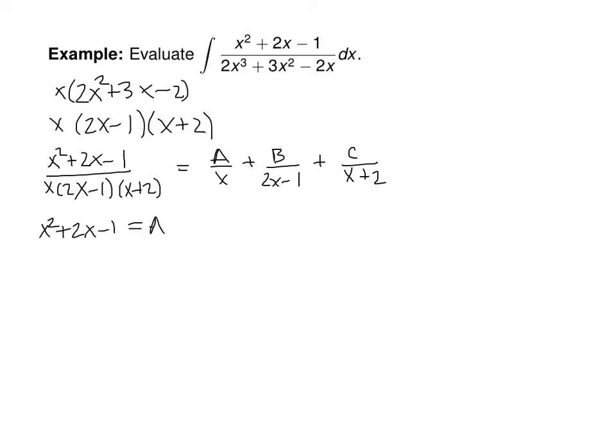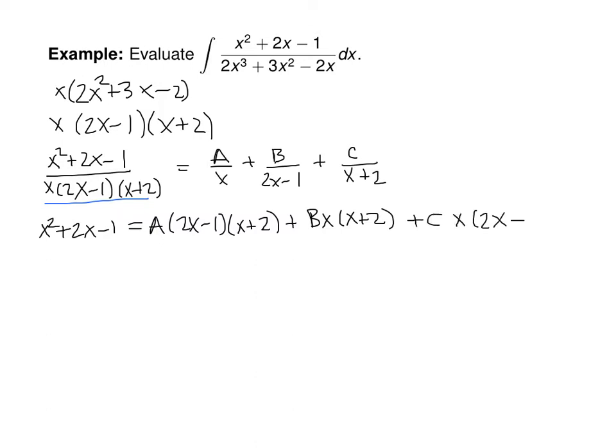equals A times, now multiplying A over x by this denominator, the x cancels, but we're left with a 2x minus 1 factor and an x plus 2 factor. So (2x minus 1)(x plus 2), plus B, we're left with an x factor and an x plus 2, and then plus C times x and 2x minus 1.